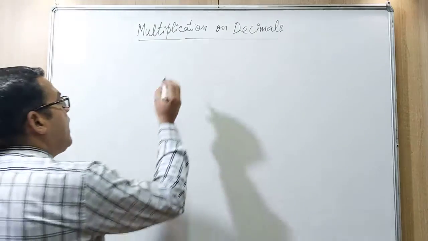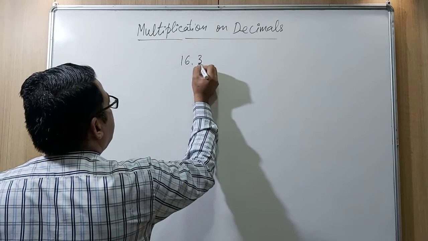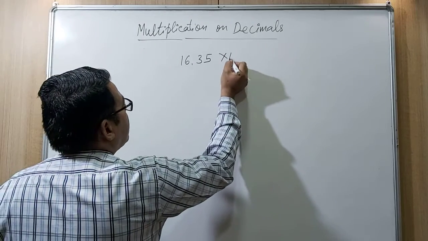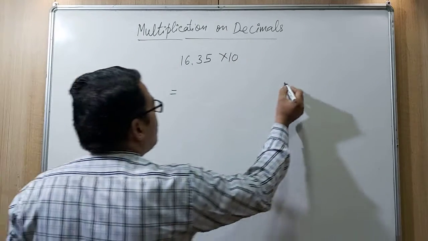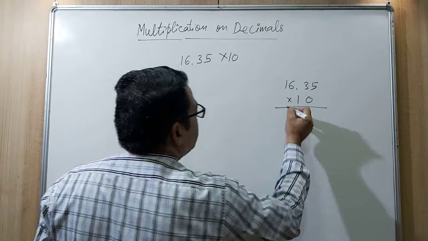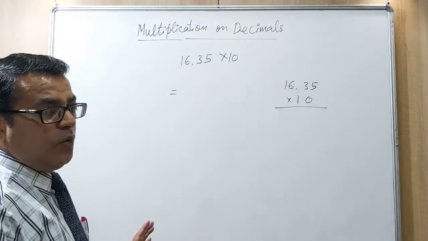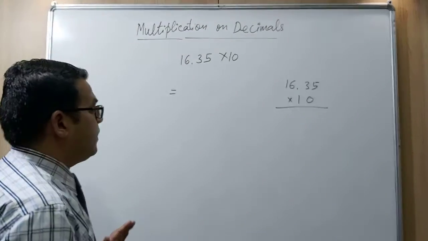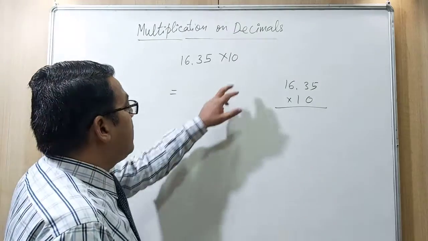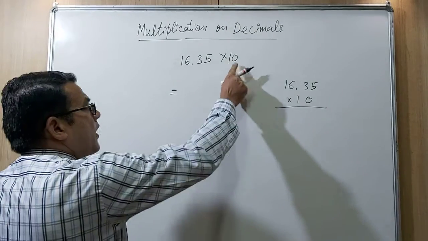One more example I am taking here to explain in a better way. Now suppose we have 16.35, right? And we are multiplying this by 10. No need to multiply like this. You can also multiply like this, but no need to. You just shift the decimal point, right? So after 1 we have only 10.